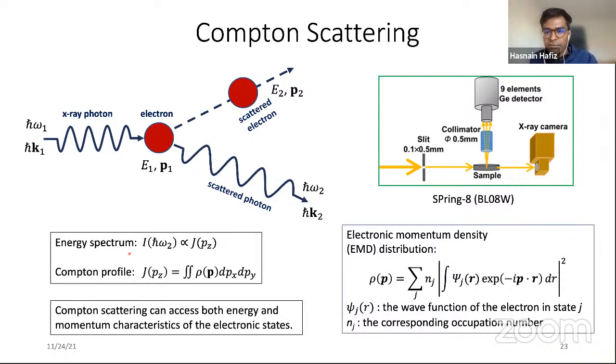Moreover, because of the involvement of the wave function, this technique is sensitive to the bonding properties of materials, which can detect weak bonds such as hydrogen bonds, and it can differentiate these bonds from purely electrostatic interactions.